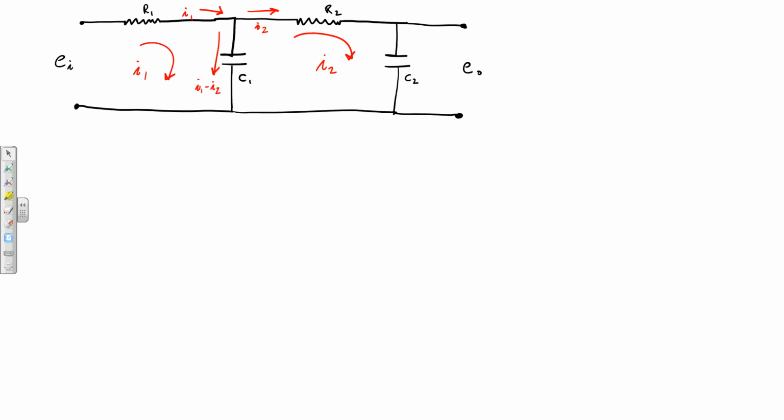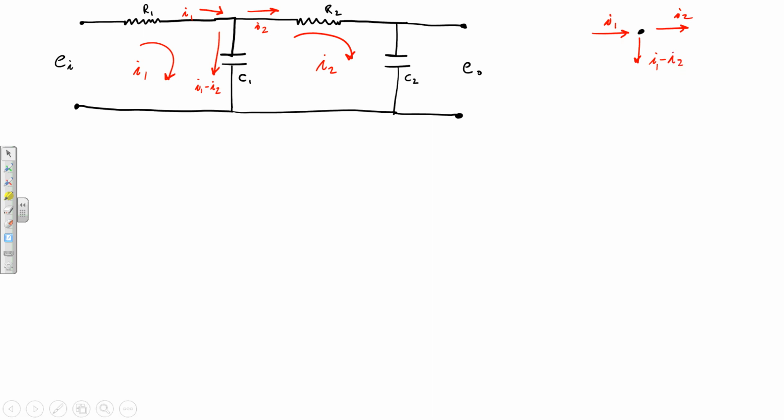It's that, right? Because remember what we know about nodes: when you have a node like this, and you've got I1 coming in and I2 leaving, this is going to be I1 minus I2.